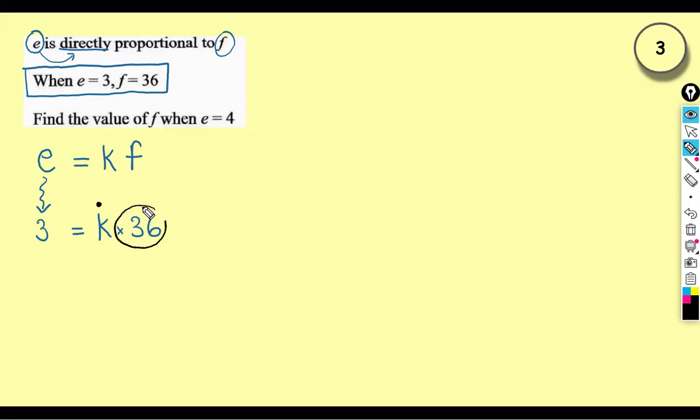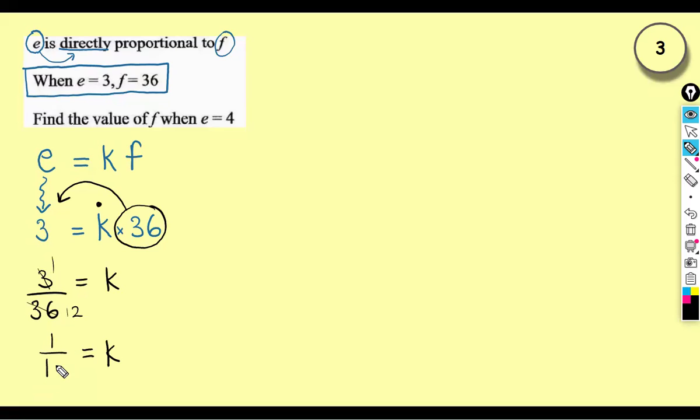So you cross multiply and you get a divide. But doesn't 36 go underneath? Some people are telling me K is 12. Is that correct? I know you're seeing 3 and 36 and you see a divide, so spontaneously you say 12. But K is not 12, right? We get a fraction. If you reduce this, 3 into 3 is 1, 3 into 36 is 12.